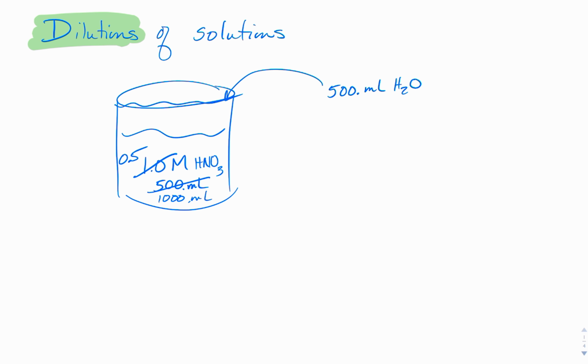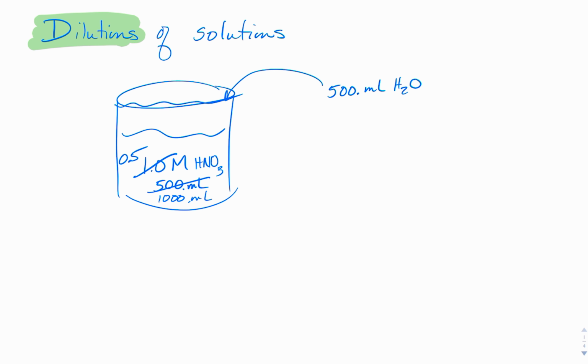The volume is 1.00 liters, that's V1. The problem asked us to calculate the molarity, so we don't actually know what C2 is. We're just going to leave that as a variable in the expression. And the volume of your diluted solution is 2.00 liters.